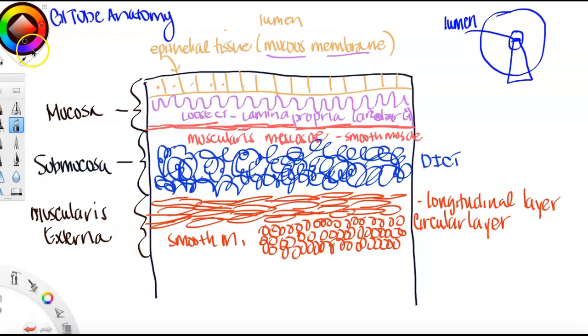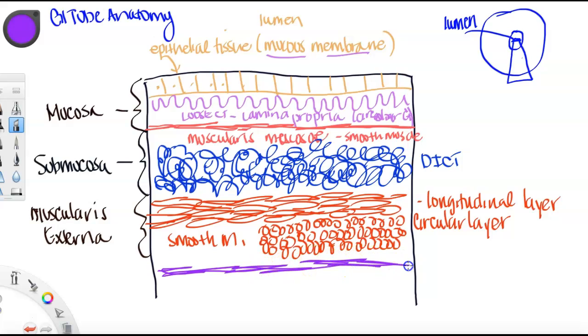All right, right under that, purple here. So right under that is a layer, a protective layer, and depending on where it is, it will either be the serosa or the adventitia.